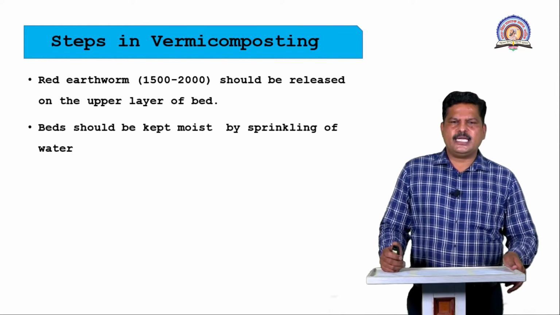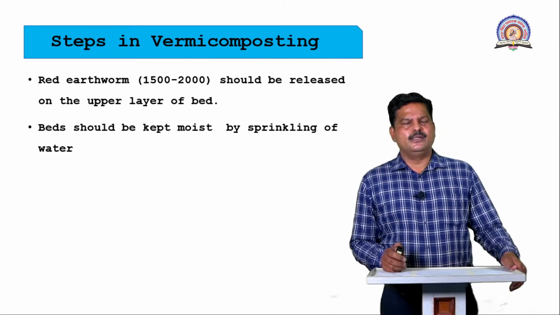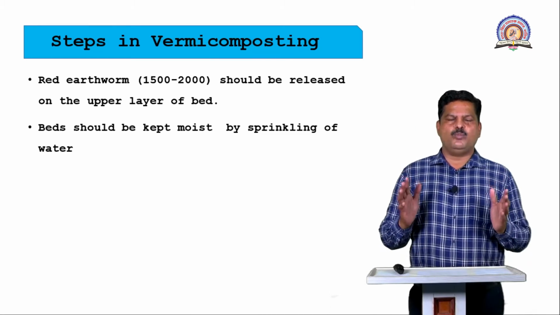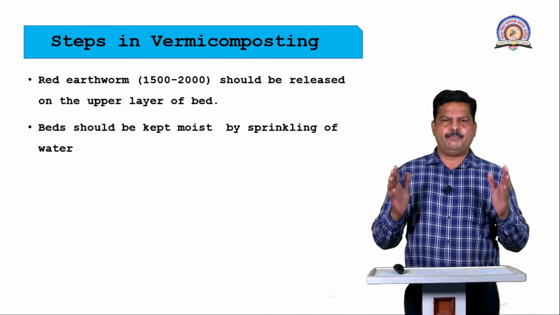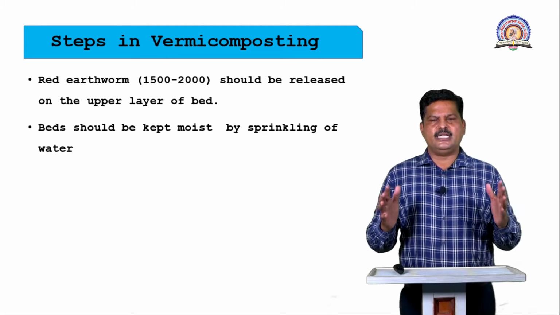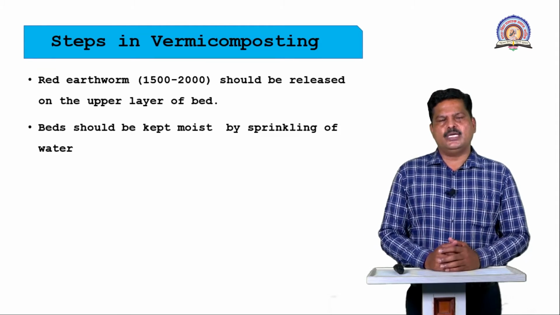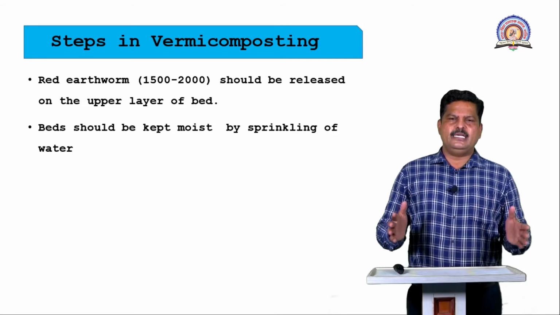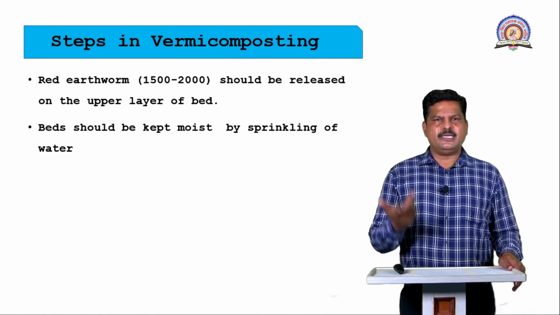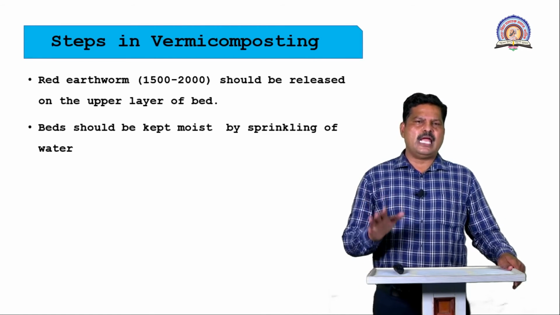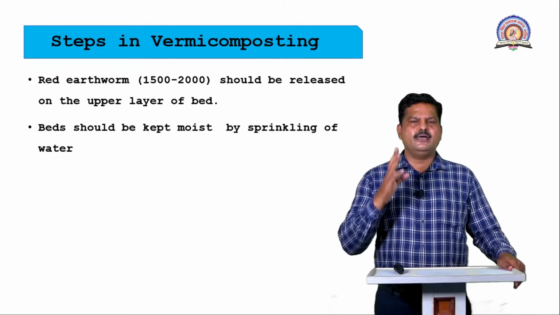Then the bed should be kept moist by sprinkling water. As I said, this is a major requirement for the growth and development of earthworms: maintaining moisture in the vermicompost unit. For maintaining moisture, we should sprinkle water at intervals 3 times in a day.